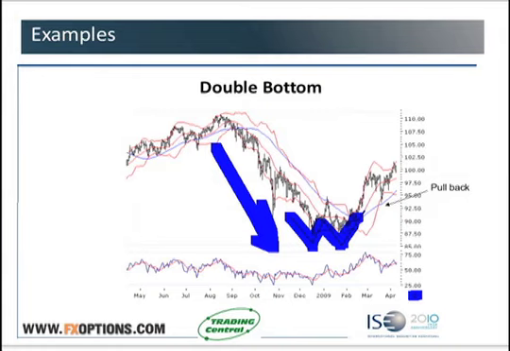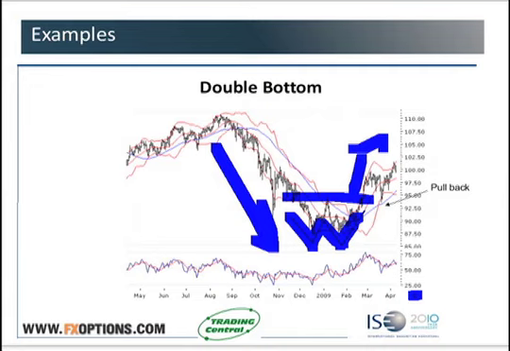The neckline, we can't really see it, but it is not horizontal, and once it's broken, a new bullish trend started. The former bearish trend is reversing up and becomes a bullish trend.